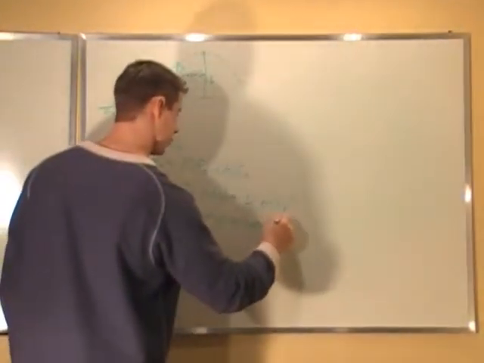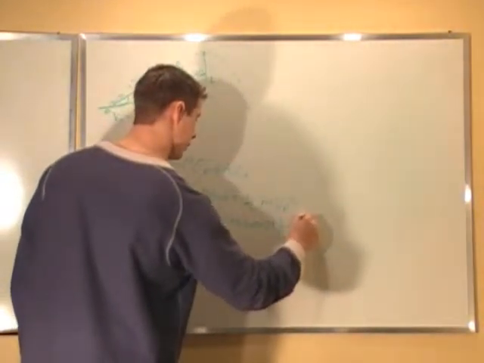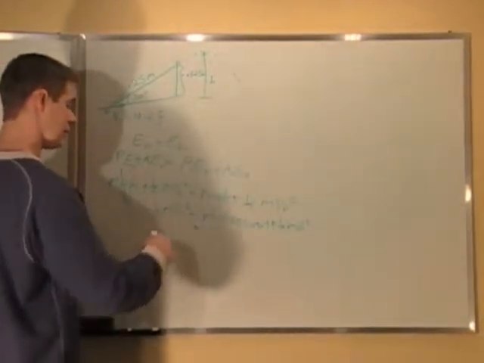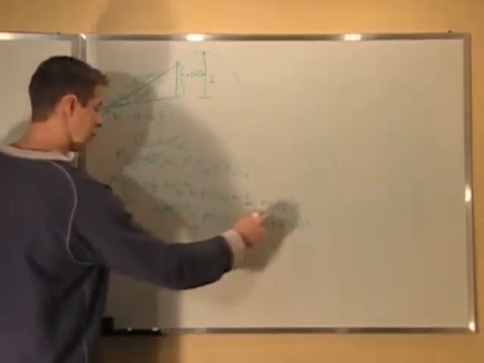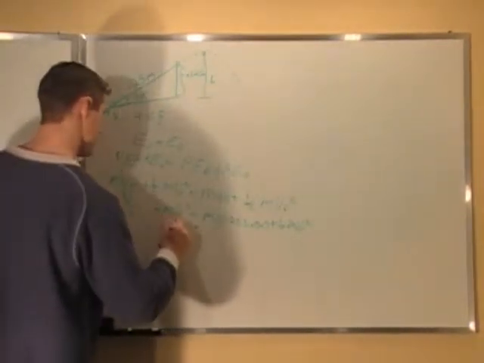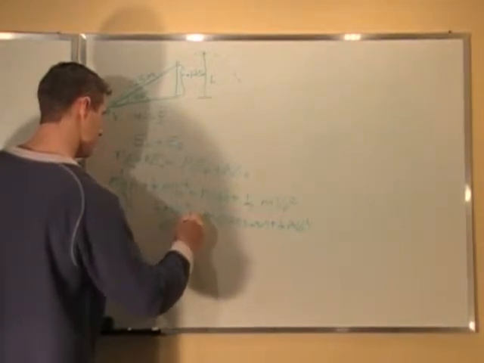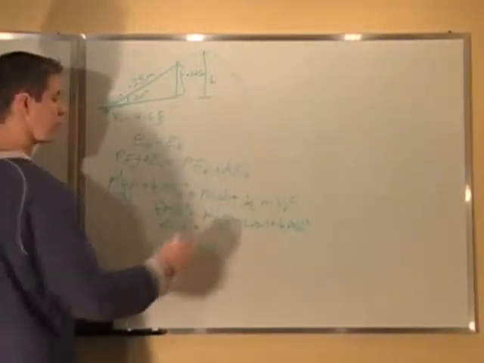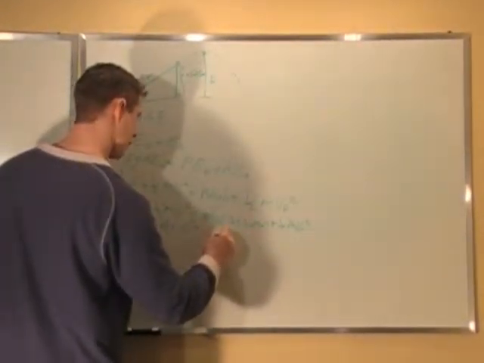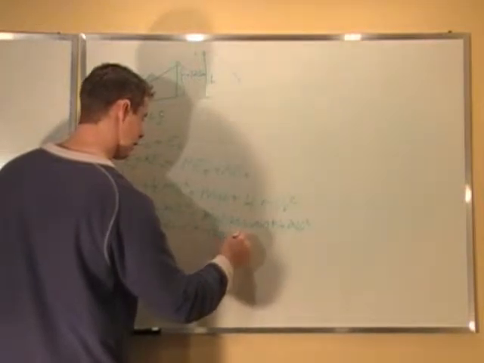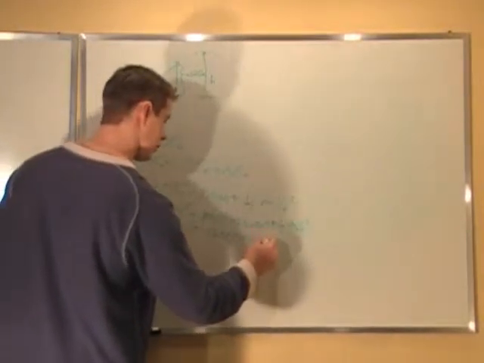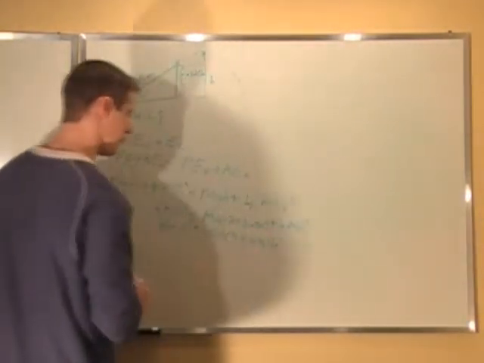And we have plus 1/2 m v final squared. We're looking for v final squared. We're going to divide m out of everything. We have 1/2 v naught squared, which is 4.6 squared, equals 0.125 times g, 9.8, plus 1/2 v final squared.